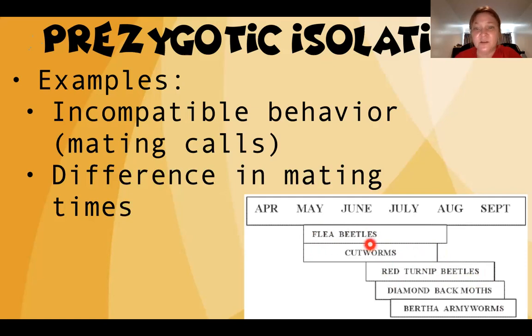But the flea beetles only reproduce during May and June, and red turnip beetles are between, let's say, mid-June to mid-August. Same thing with these cutworms and Bertha armyworms. If you have different reproductive times of the year, then that pretty much ensures that similar species of animals aren't going to reproduce with each other because they have different times.